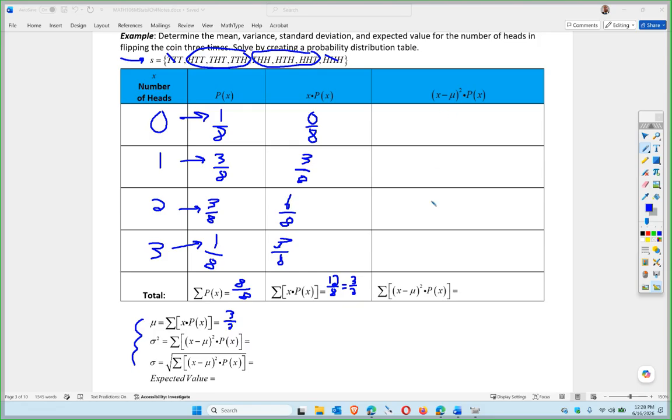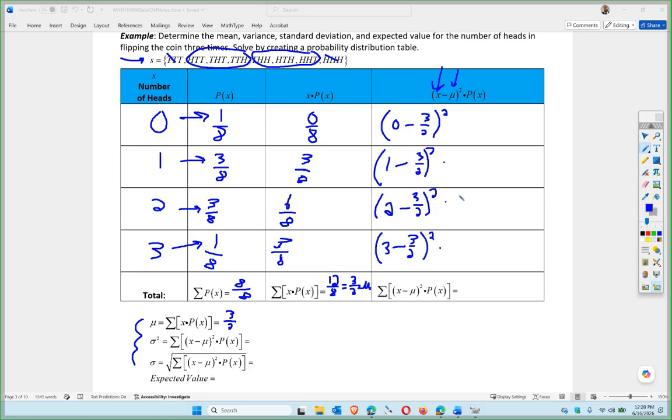Okay, so our variance is next. So x is 0, x is 1, x is 2, and x is 3. Subtract, subtract, subtract, subtract. So we put the x in. This is our mu, that's our mean, so 3 halves squared, 3 halves squared, 3 halves squared, 3 halves squared.